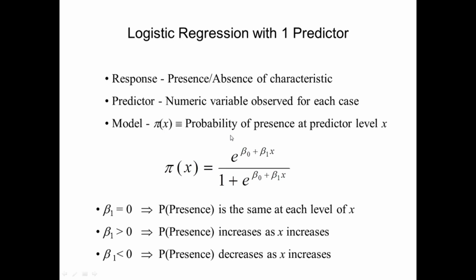So in logistic regression, we have a dichotomous response variable and numeric or categorical explanatory variables. The goal in logistic regression is to model the probability of a particular outcome as a function of predictor variables.